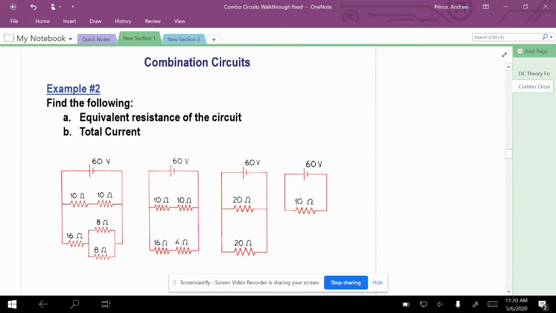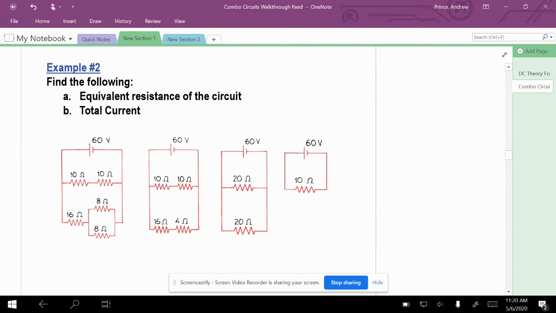So example 2, they have a little bit more complicated one here. But let's work through it and watch step by step how they got the information they did. So again, as you can see, we've got two 8 ohm resistors here in parallel. We're going to work our way from the outside part of the circuit with the most complicated part here and turn these into a single resistor.